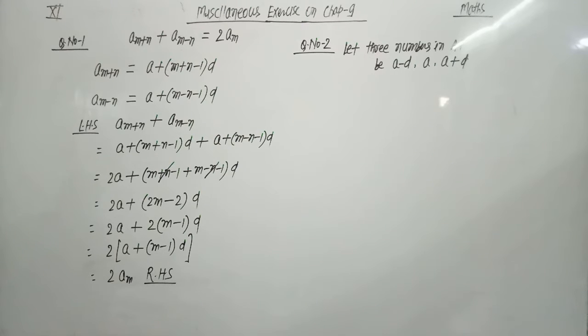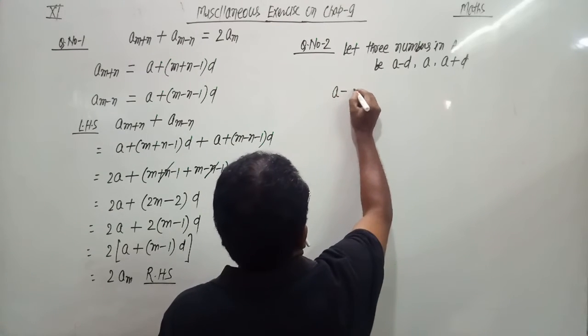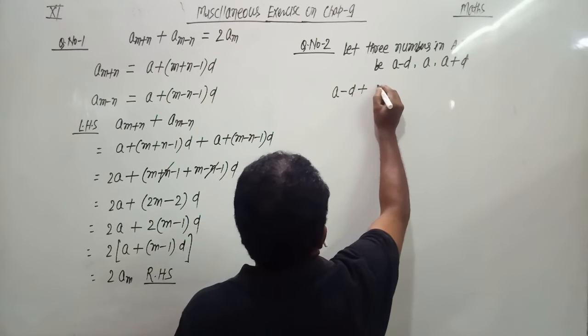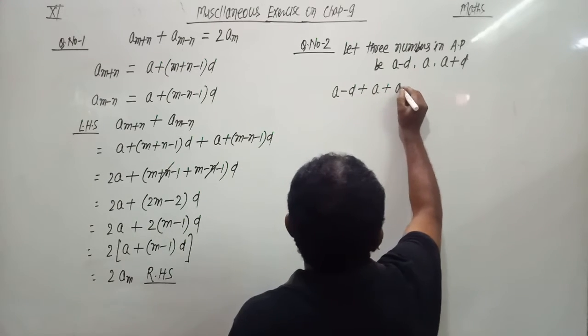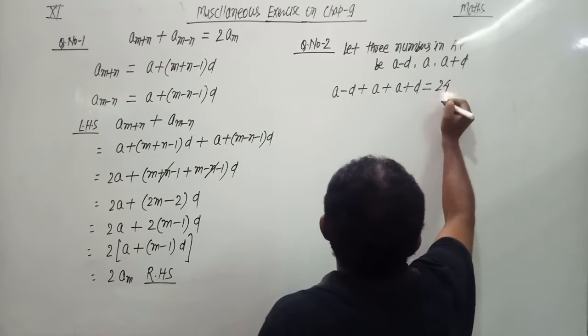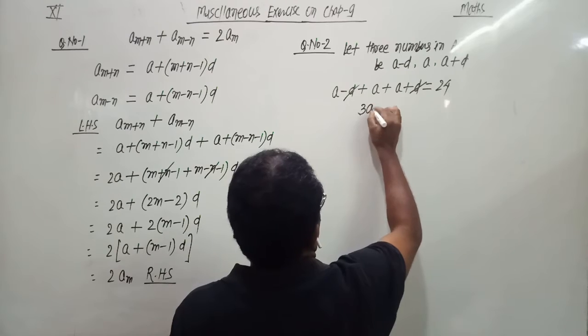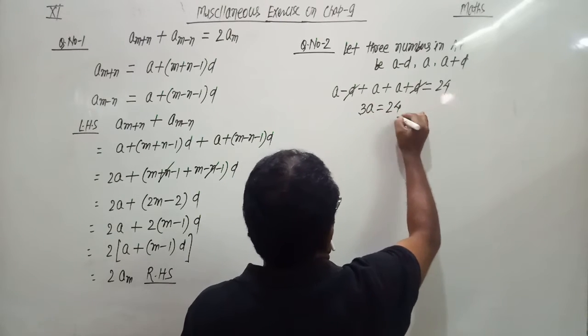Now it is given that the sum of the 3 numbers is 24. Their sum is 24, meaning a minus d plus a plus d equals 24. Minus d plus d cancelled, and 3a equals 24.